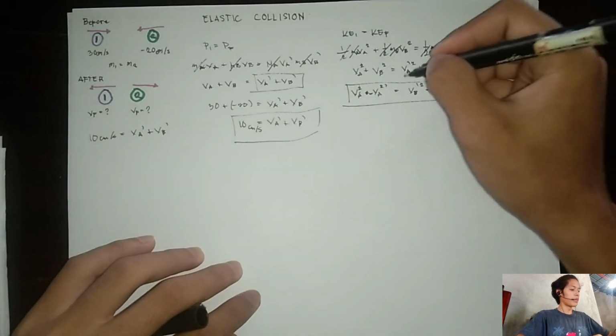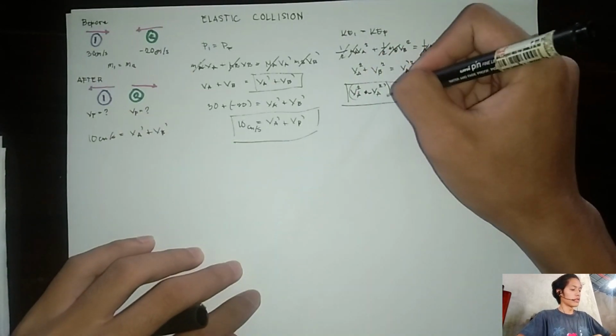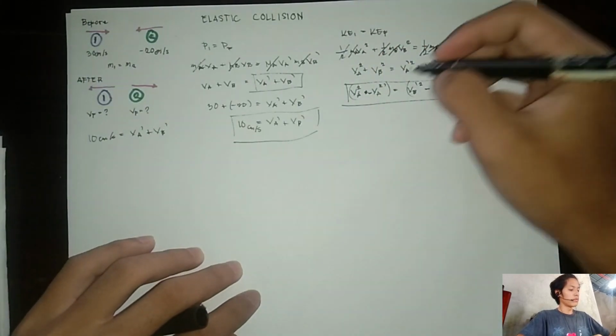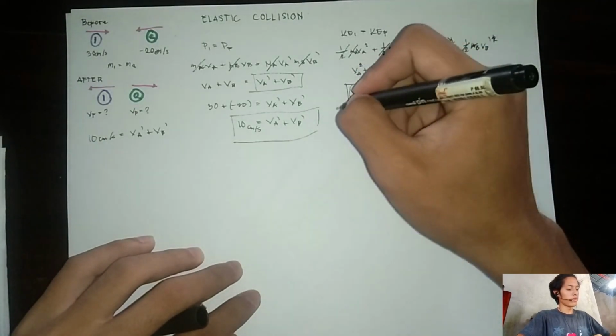Then, ito, pwede nating i-factor dahil nga square sila pareho. Pwede natin silang i-factor.